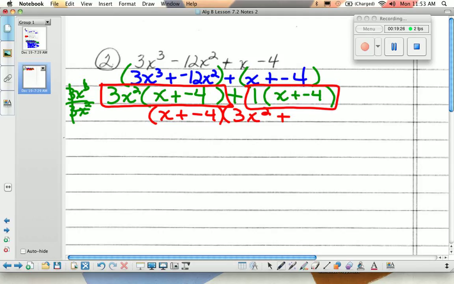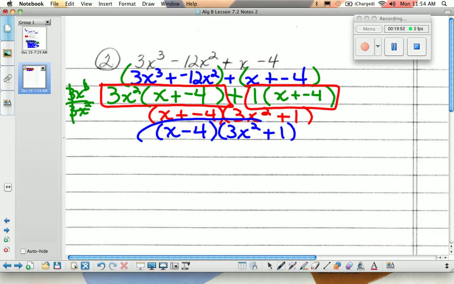After we divide x plus negative 4 out of the second piece, what do we have? 1. So we're going to clean this up, right? So the x plus negative 4 cleaned up would be x take away 4, and then 3x squared plus 1.